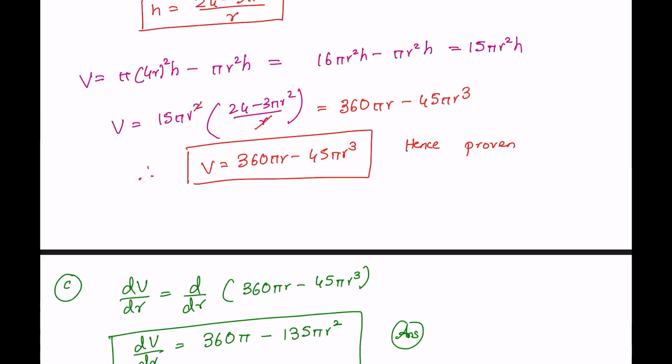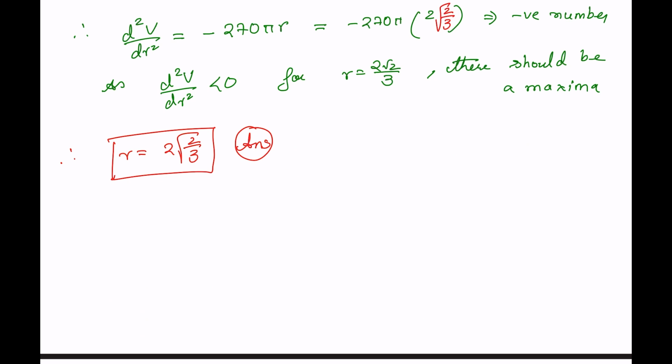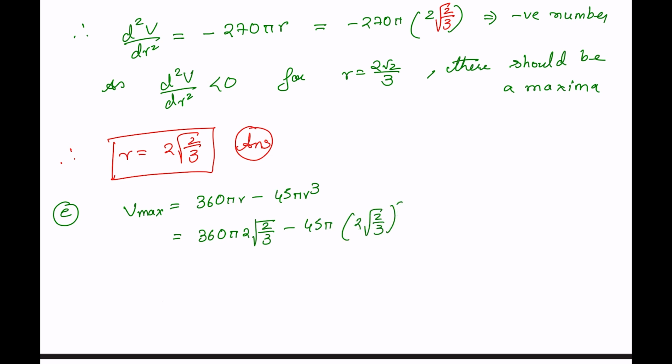Now for the last part, we have to find the maximum volume. So it's part E. To find Vmax, we'll just plug in the value of r in the volume expression. So it'll go like this, which is 360 pi r minus 45 pi r cube. This is the expression of volume. So here I'll just plug in the value of r. It is 2 root under 2 by 3 whole squared times 2 root under 2 by 3.